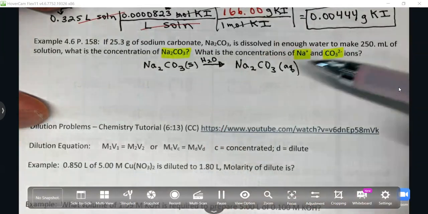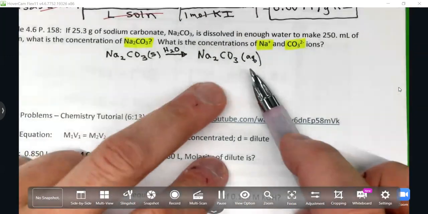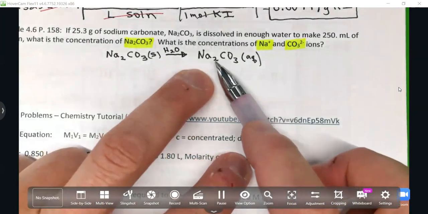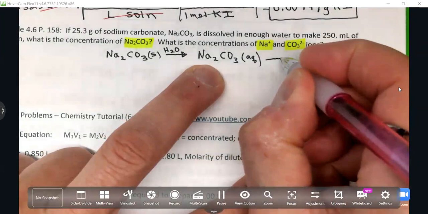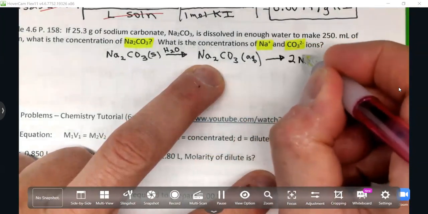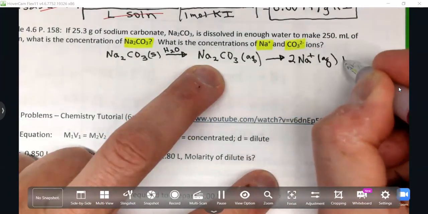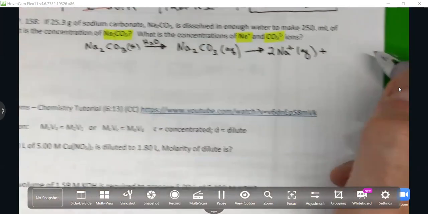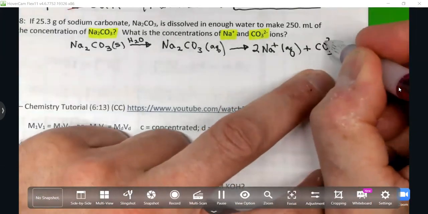So in lab this week, I think you need 5 molarity HCl. But the H and the Cl are going to be split up in there. Just like this, the sodium and the carbonate are going to be split up into 2 sodiums and 1 CO3 carbonate.